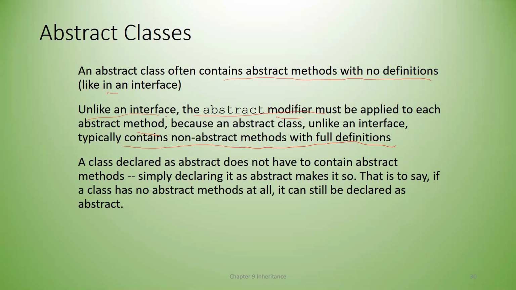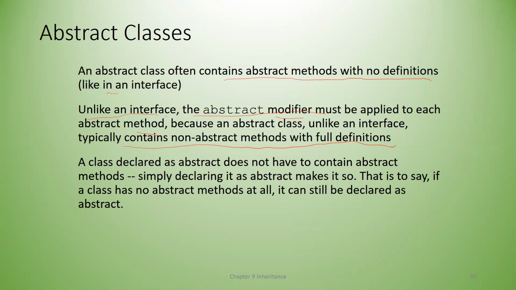Remember, an interface is a collection of abstract methods. An abstract class can contain abstract methods or non-abstract methods. That's why, if it's an abstract method, you must put the abstract keyword in front of it. Otherwise, it would not be an abstract method. So that's the difference.